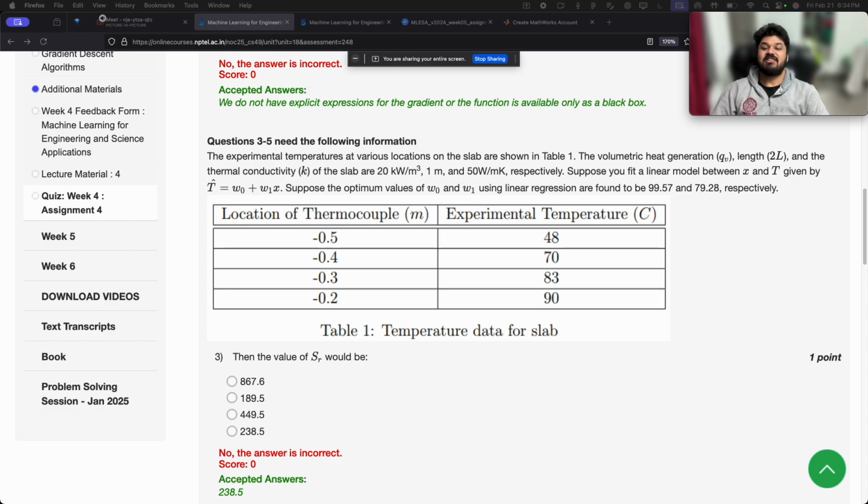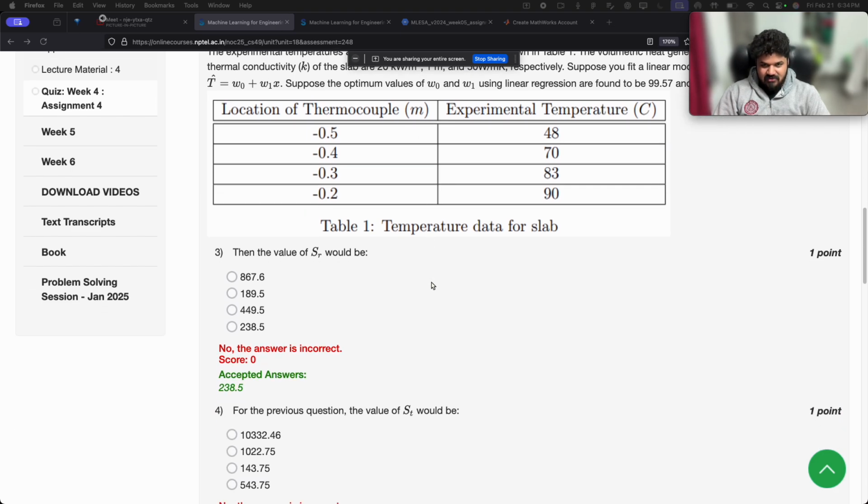Let me check it. Let me do it. It should be 238 only. This much mistake cannot be there in papers. So yeah, it should be 238.